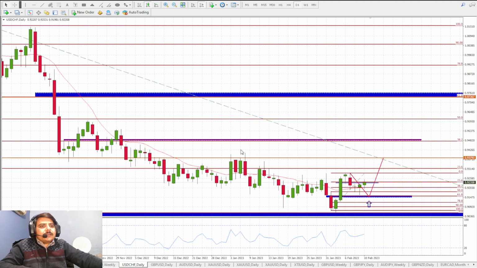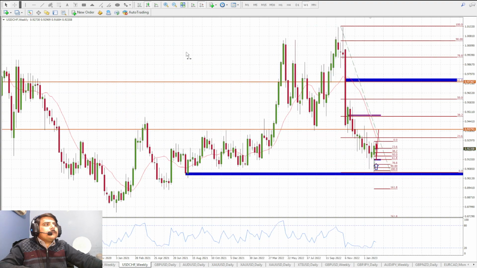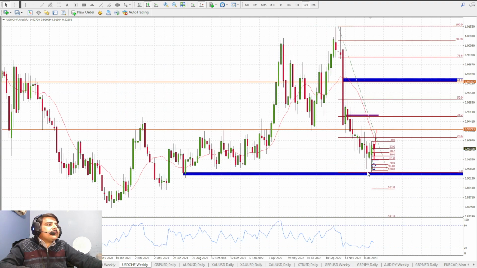Let's see dollar Swiss franc. From here we are bullish and this is the setup. Let's have a look at the weekly. Okay, it just lifted from this support. Well, dollar Swiss franc is clearly showing me 0.9736.